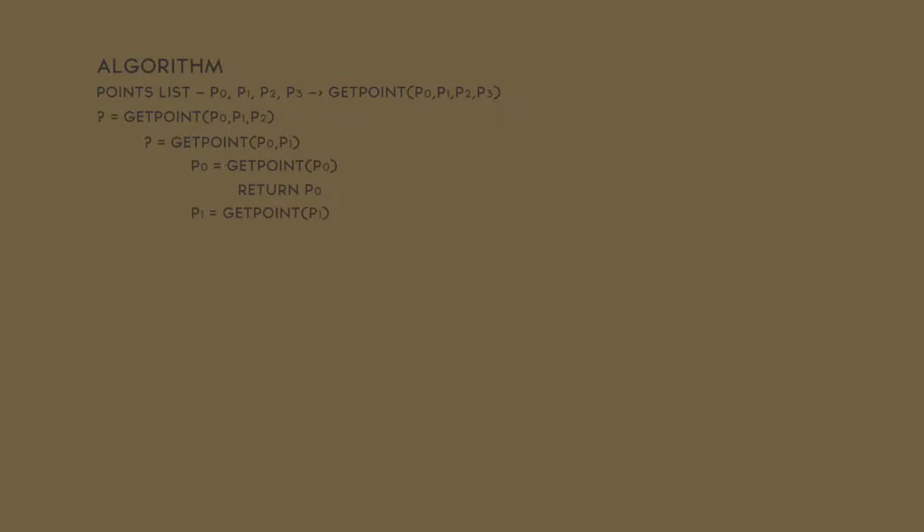So we're going to call get points and pass it P1. That's only 1 point, so we get that as a result. Now we have 2 points as a result. We're going to lerp between those 2 points, which will give us only 1 point. Now we go back up the stack, and that gets set to, we'll call that A.